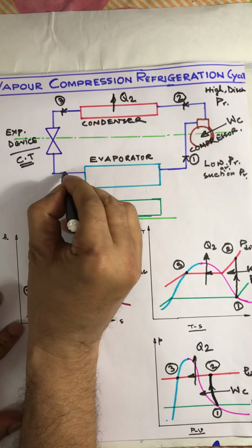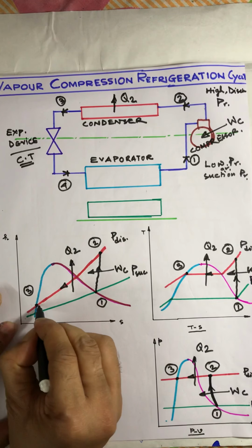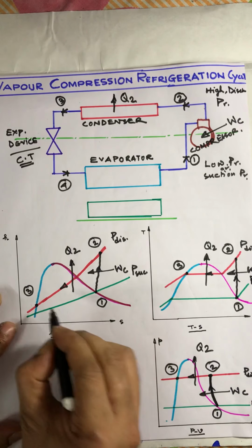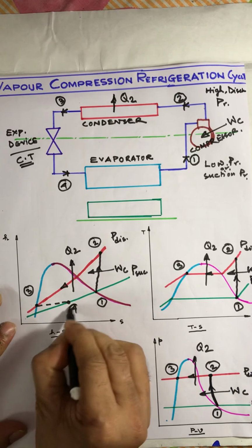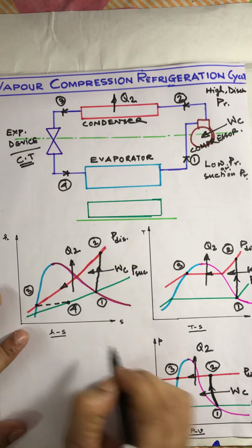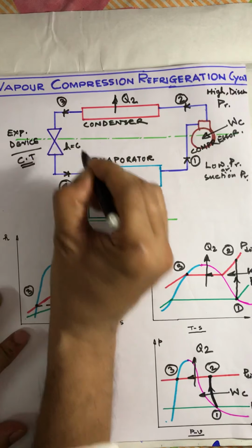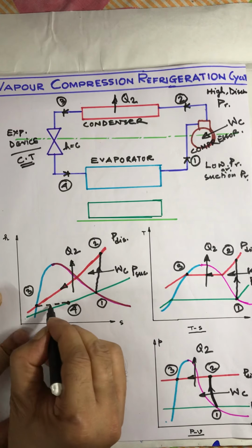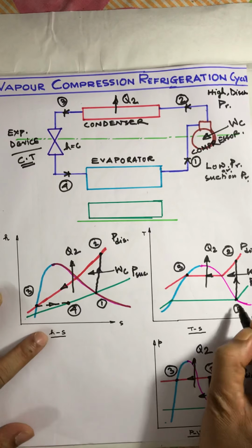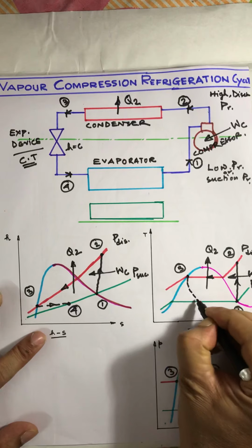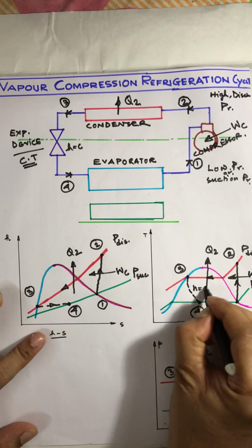This is the 3 to 4 process, where enthalpy remains constant, so H is equal to constant. Clear? If we draw the same in the TS diagram, that will be just like that, 3 to 4, H is equal to constant.